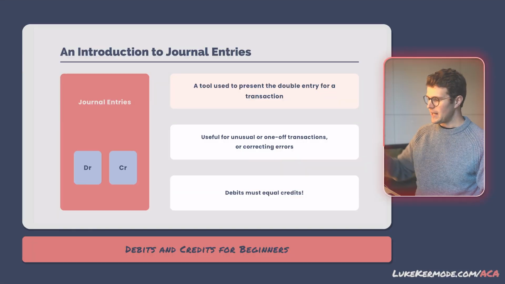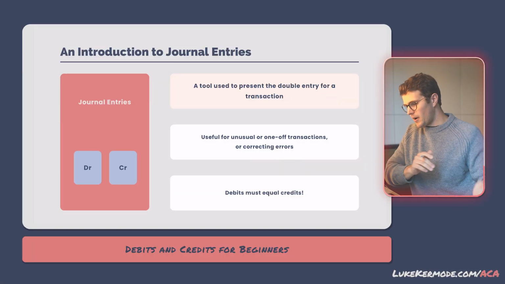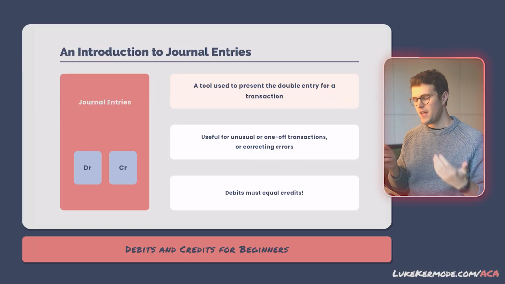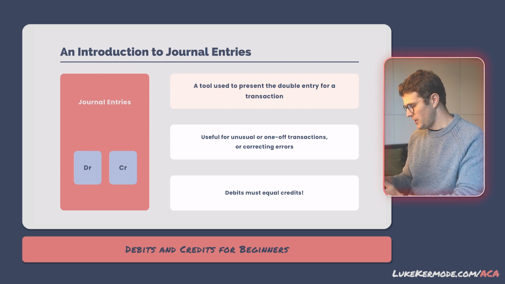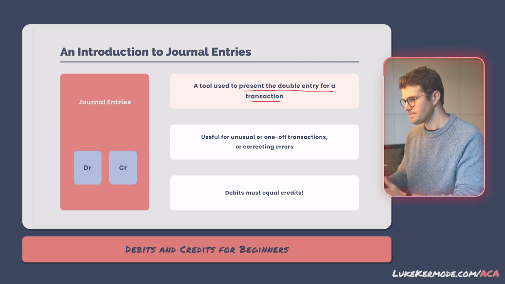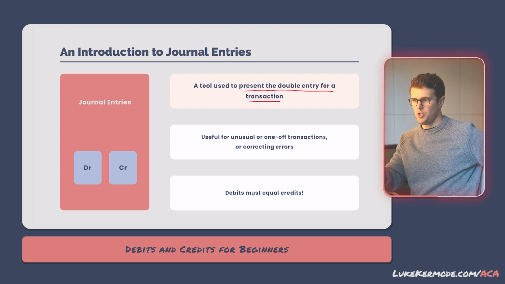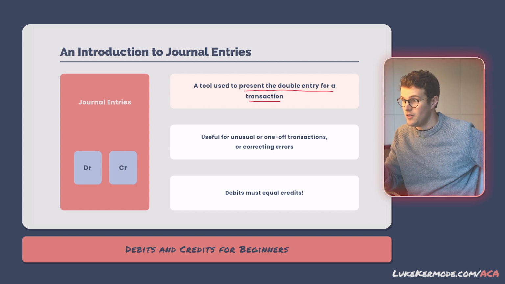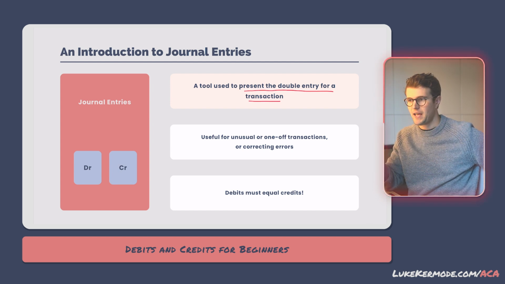So a journal entry is a tool used by accountants to present the required double entry for a transaction. It clearly shows which account within the nominal ledger is being debited, which account is being credited, and by how much.